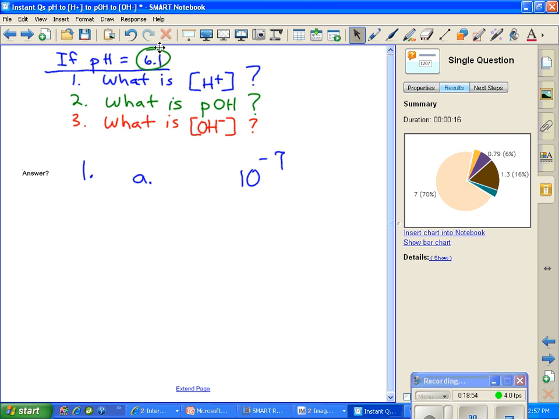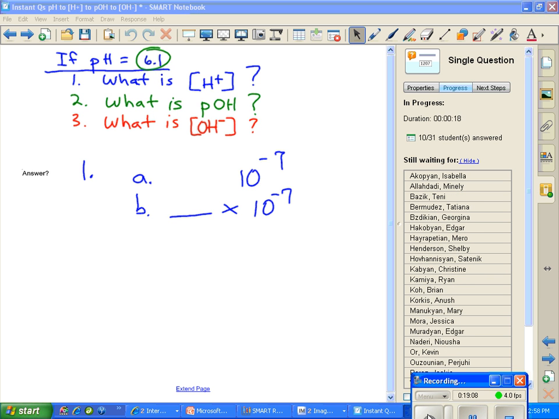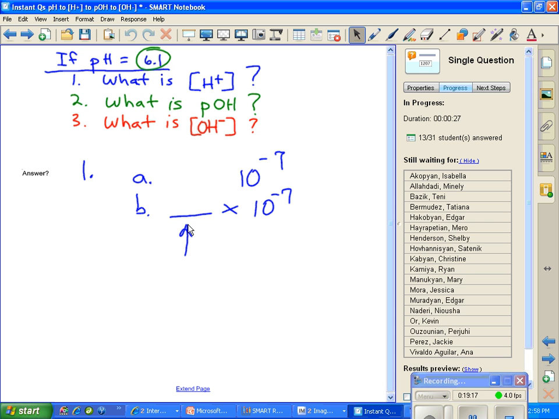All right. Now in letter B. So now we're looking for letter B, which is finding the number out front, which is going to complete the concentration number.